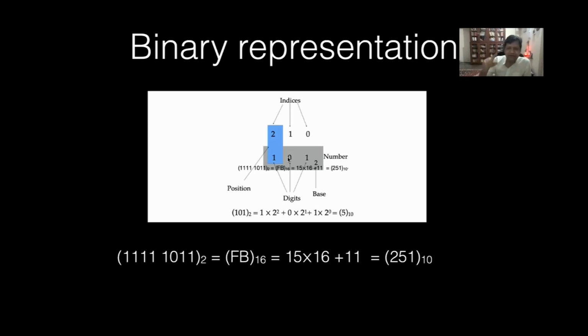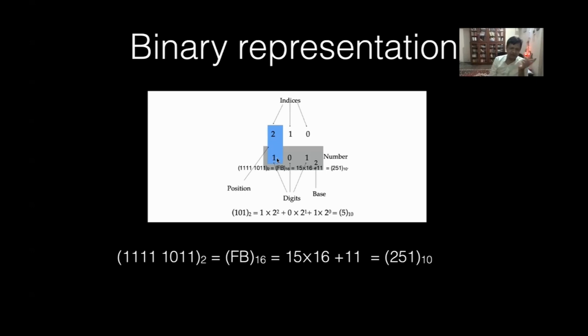This is multiplied by 2 to the power 1, like in decimal we would multiply by 10. And this, multiplied by 100 in decimal, here is multiplied by 2 squared. So it is 2 to the power 0 times 1, 2 to the power 1 times 0, and 2 squared times 1. You just multiply by the weightage depending on the position.